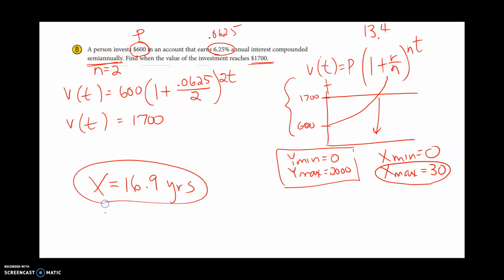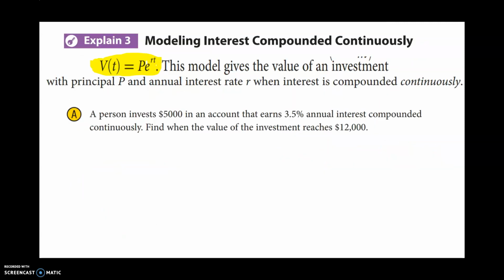It'll take 16.9 years for the value of that investment to be $1,700. So every problem we've done so far in this section, folks, has the same process. We just use slightly different equations based on whether we're compounding interest once a year or more than once a year.